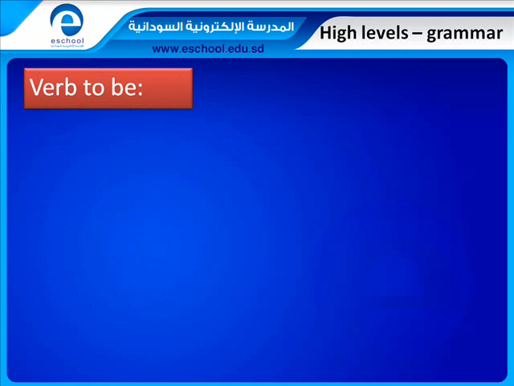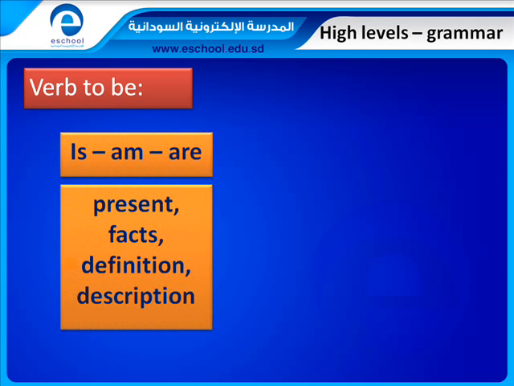When we want to explain the verb to be, this means we are going to talk about is, are, was, and were. We use is, are in present about facts, for definitions, and for description.